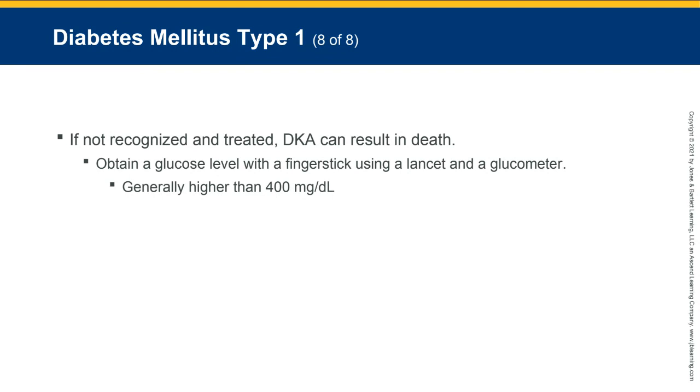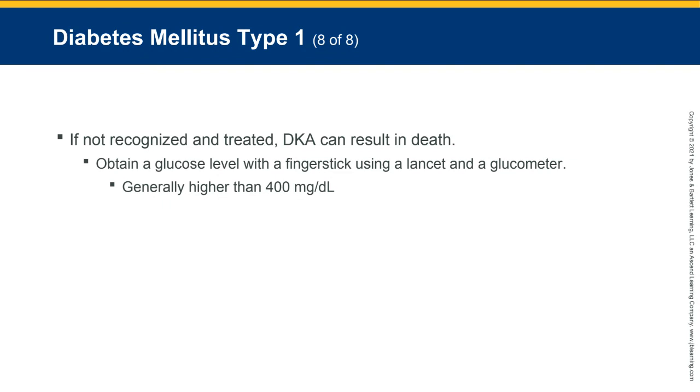So the type 1 diabetic has several issues. If they're having DKA, the blood sugar is too high and the body is utilizing fat for energy. So they have acidosis to deal with, which messes up the flow of electrolytes within the body.